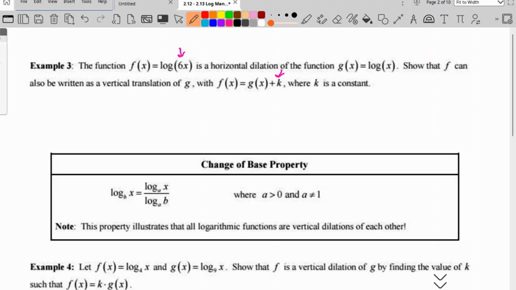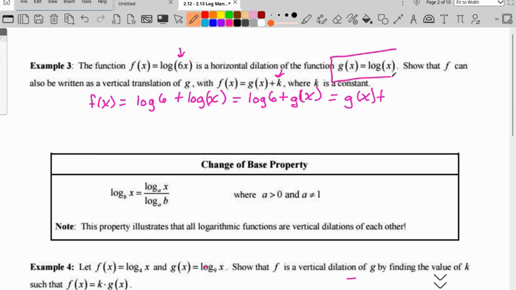So log of 6x, it's just a product, so we can rewrite that as f of x equals the log of 6 plus the log of x. So we can just split it into the sum of logs. And since the log of x equals g of x, then that just equals log of 6 plus g of x, which equals g of x plus k.